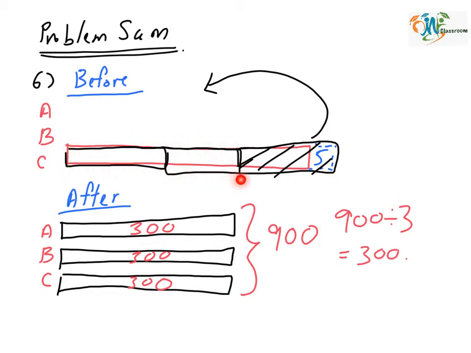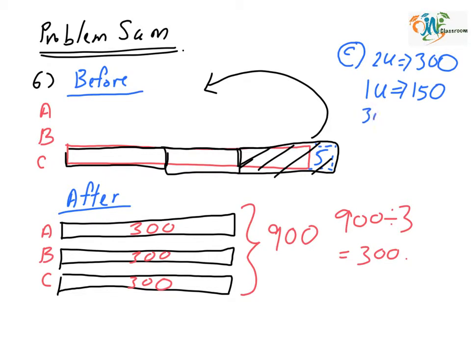This is what C has at the end. So what we do for C will be this. 2 units equals 300. Then 1 unit will be 300 divided by 2, 150.